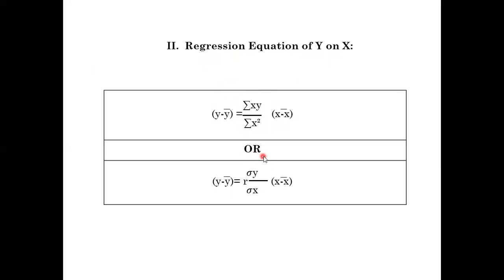If they give in the problem the correlation, standard deviations, x mean and y mean, we apply this formula: y minus y mean is equal to correlation into standard deviation y divided by standard deviation x, into x minus x mean.